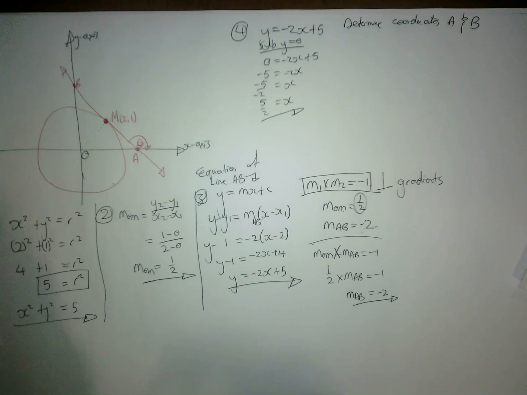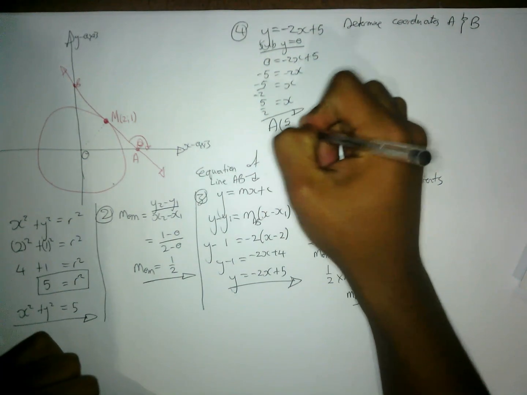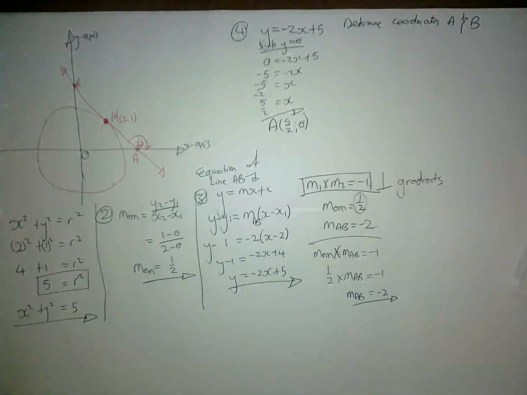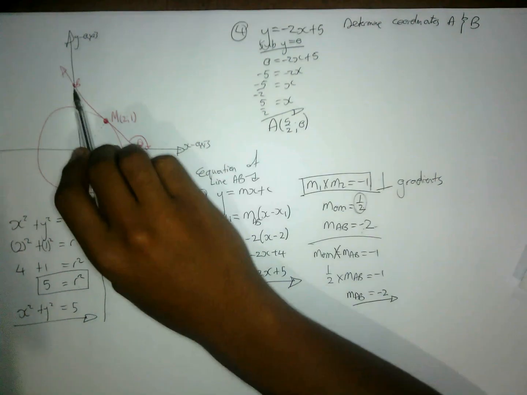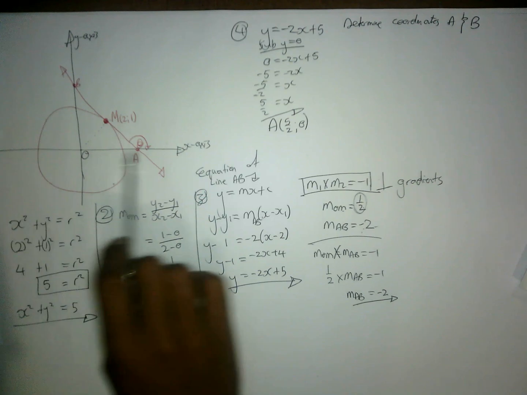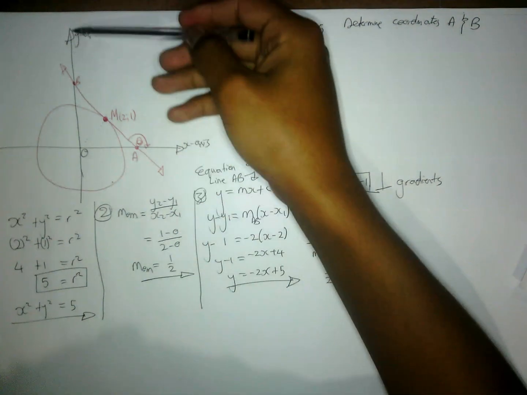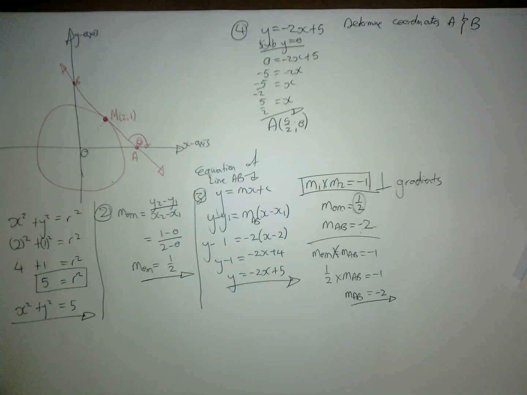That is for the A coordinate. So A's x coordinate is 5 over 2, and its y coordinate is 0. Now, does anyone know for the B coordinate? Remember, anything on the x-axis, his y coordinate will always be 0. We know this now. Now for the y-axis, does anybody know?